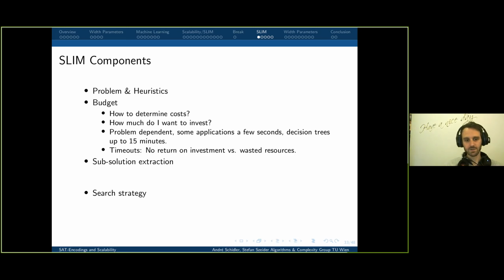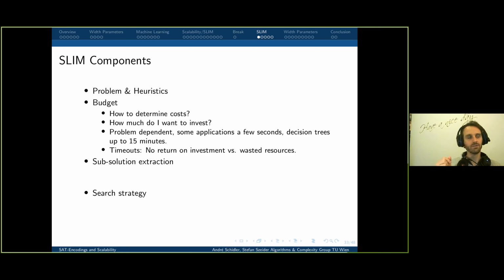And then you have to define a timeout, because you don't want to let your SAT solver run forever. Do you define a timeout close to what you expect, or do you give the SAT solver a bit more time to come up with a solution? It also depends on how fuzzy your SAT solver times are.